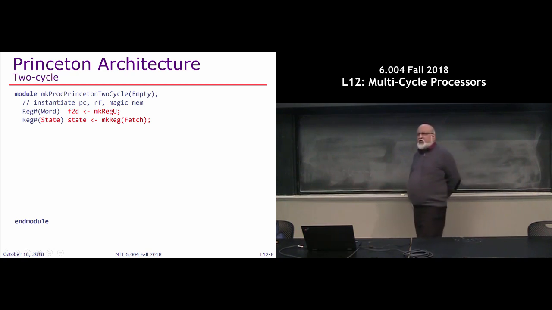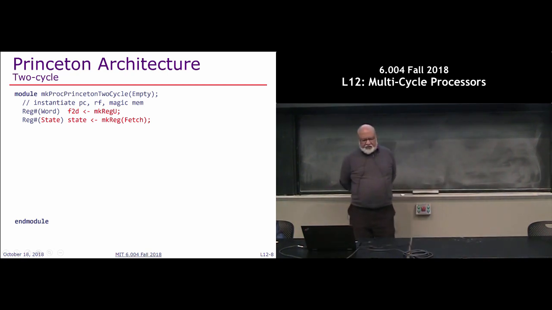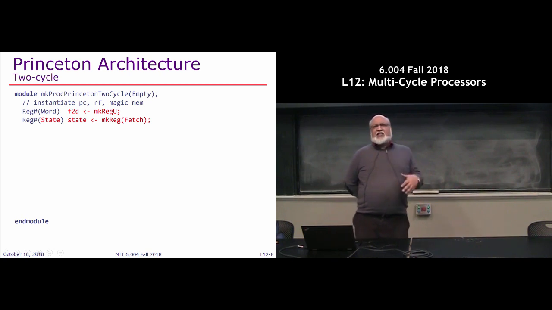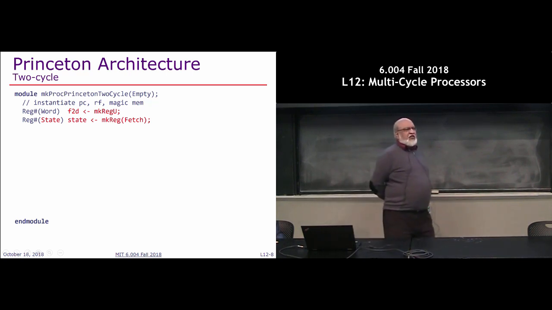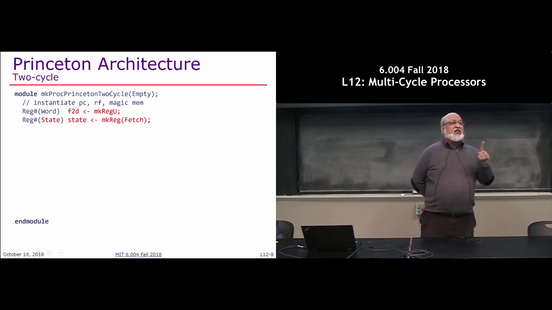So let's see how we would have expressed it over here. You, of course, have storage for PC, RF, magic mem, etc. So this is like a refrain, and sometimes I'll write it like this, but sometimes even if I forget to write it, just know it's there. And you should have enough confidence to say, Arvind forgot to write it, but I know it's there.